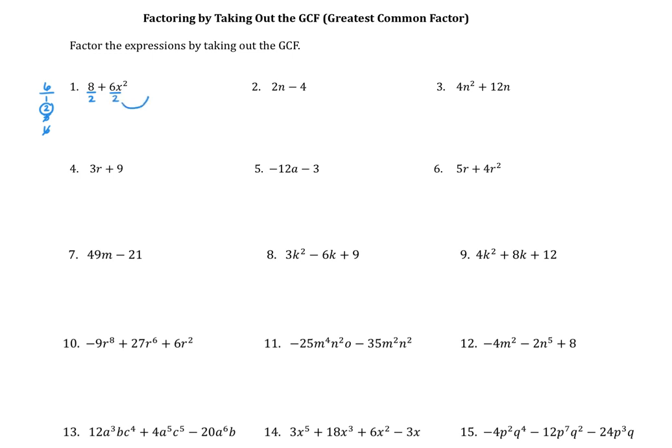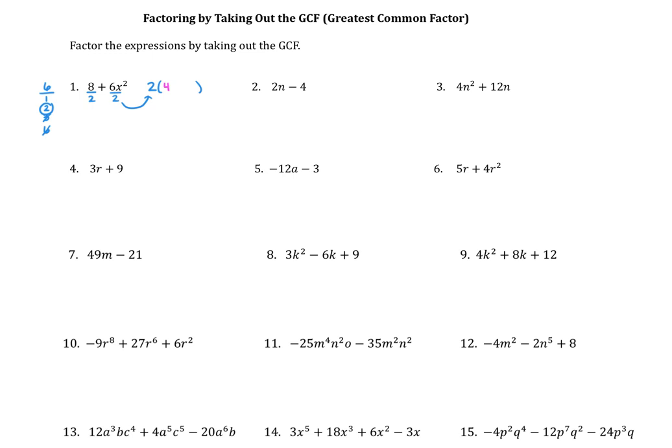What I divided by, remember, goes out in front of a set of parentheses. And what is left will go inside. So when I divide this, 8 divided by 2 gives me 4.